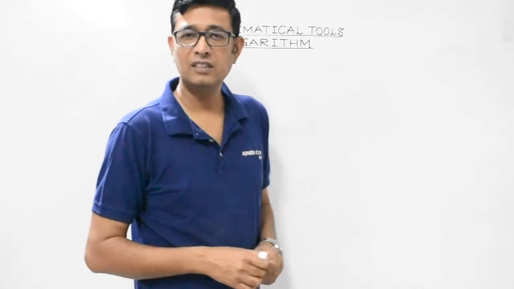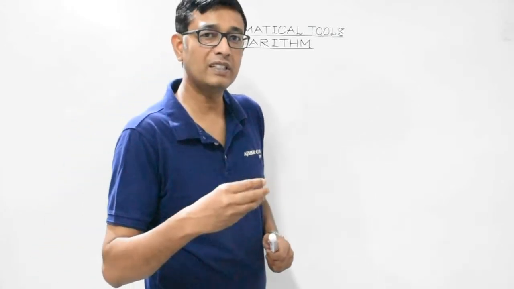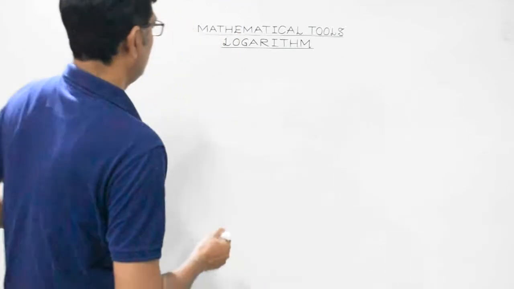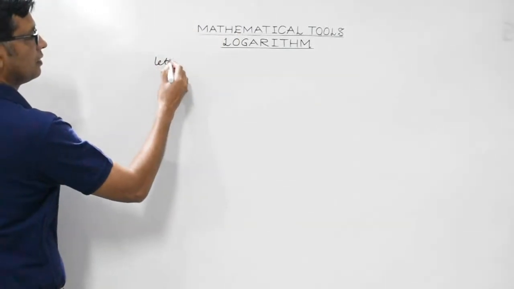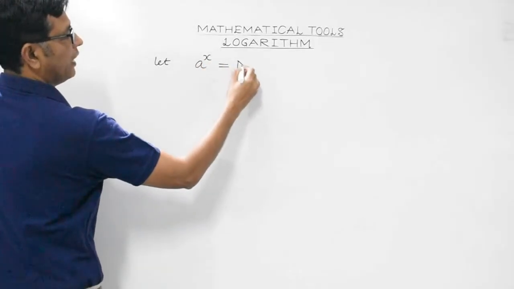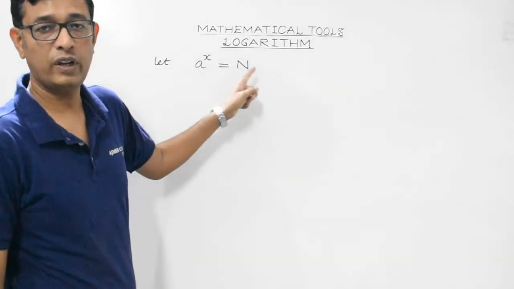Logarithm, as I stated, is a very important mathematical tool. Before we start with the definition of logarithm, let me give you some examples. Let a to the power x be equal to n. Suppose a to the power x is equal to n.